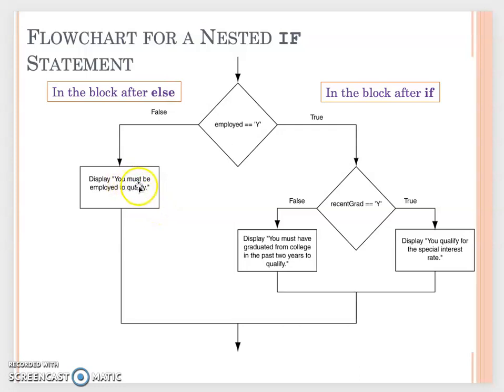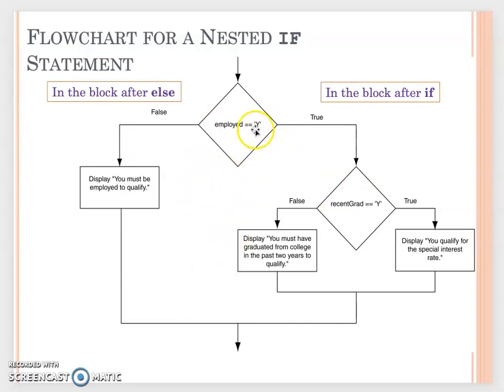We can display you must be employed to qualify. The same thing, if the user enters no for recent grade, you need to tell them why they are not qualified. You can say you must have graduated from college in the past 2 years to qualify. So how will we modify example 4 for this?